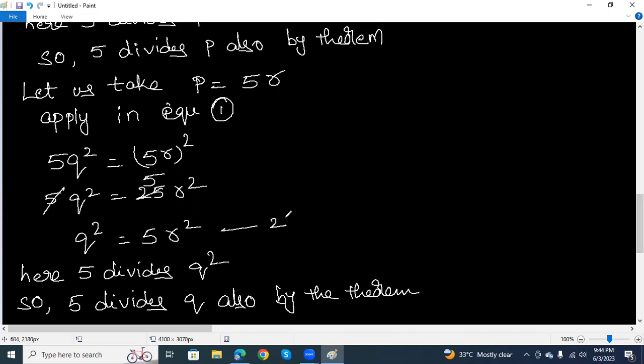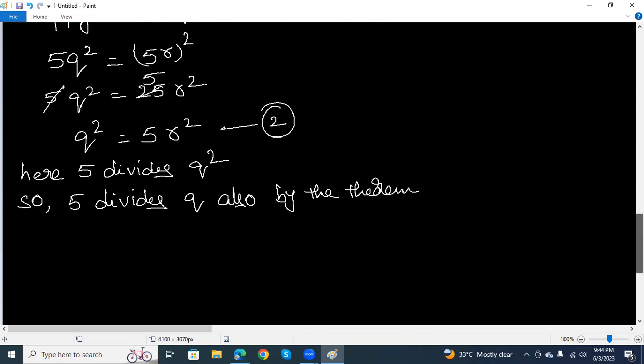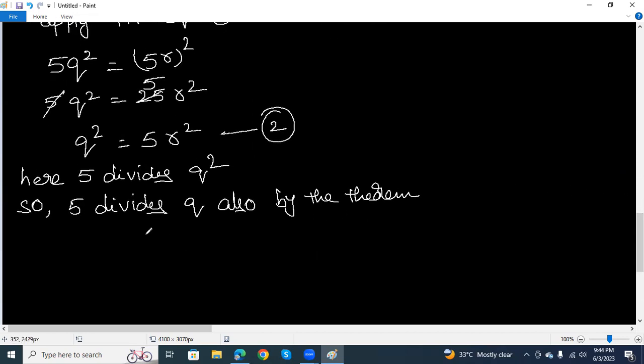Okay, from 1 and 2, what did you observe? 5 divides p and q both, right?